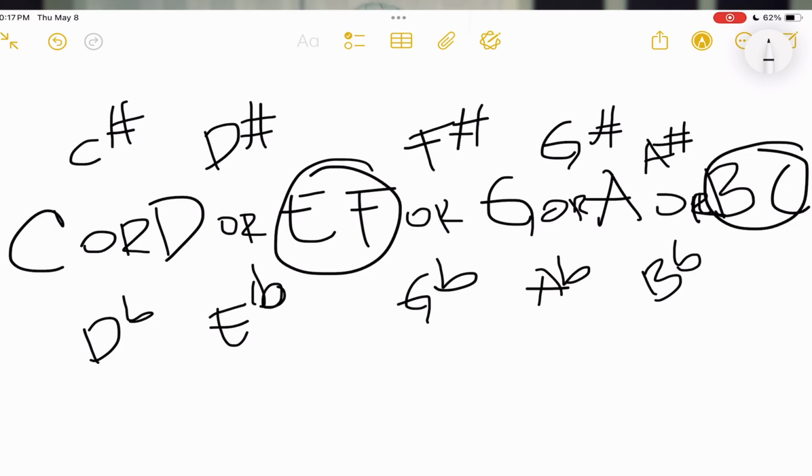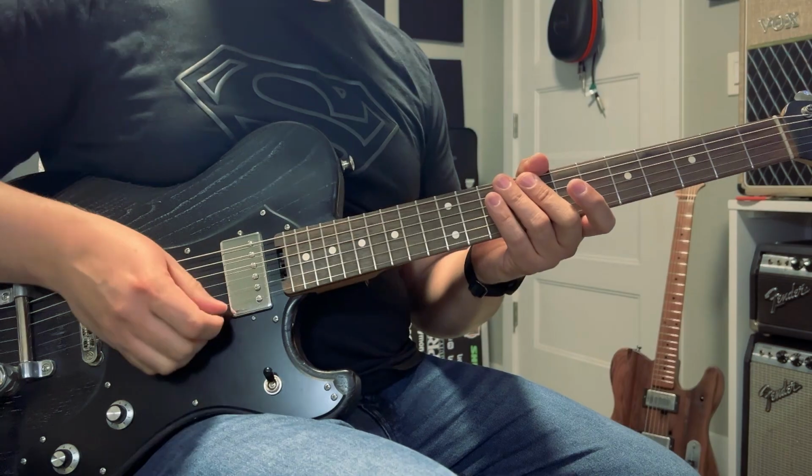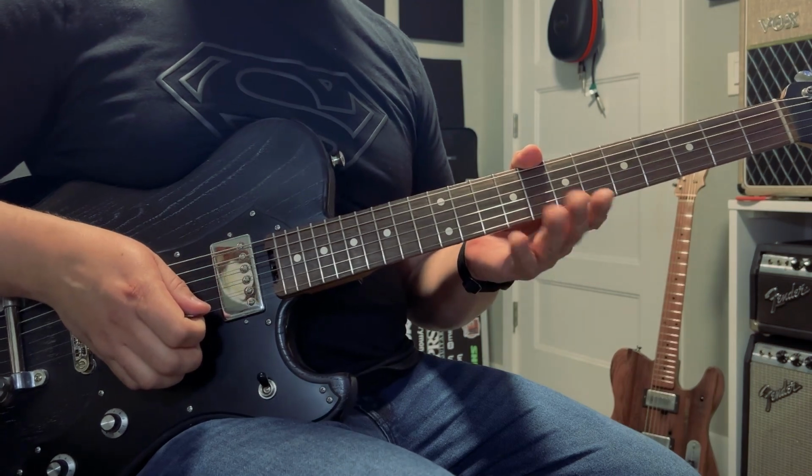So now we are going to the chromatic scale, and we just start paying attention from E, for example. We have E. After E, we have F. So what's gonna happen right here is each fret represents one note of the chromatic scale.